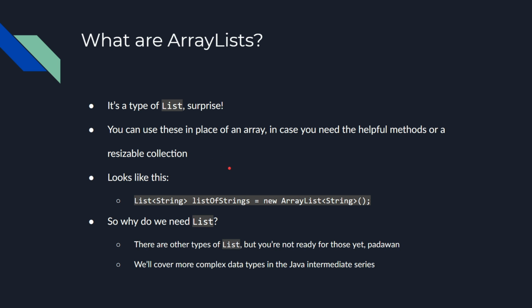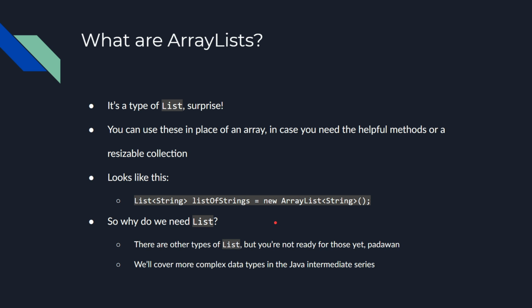So if we're doing this, why do we need to use list? Why can't we use array list directly? Because there's different kinds of lists. There's array lists, there's linked lists, there's circularly linked lists, there's other lists that I can't think of right now, but there's a bunch. But we're not going to cover those.